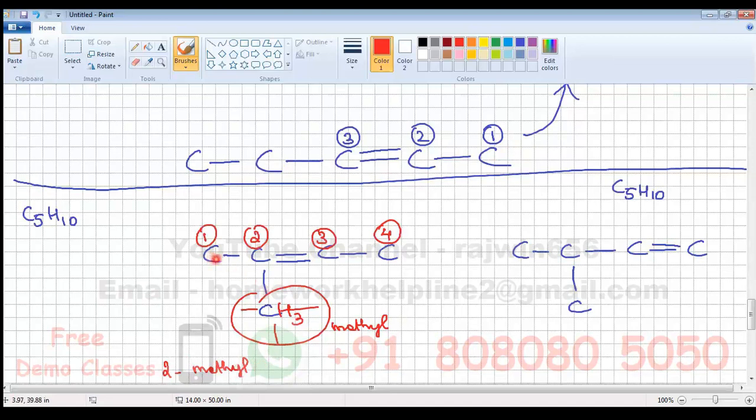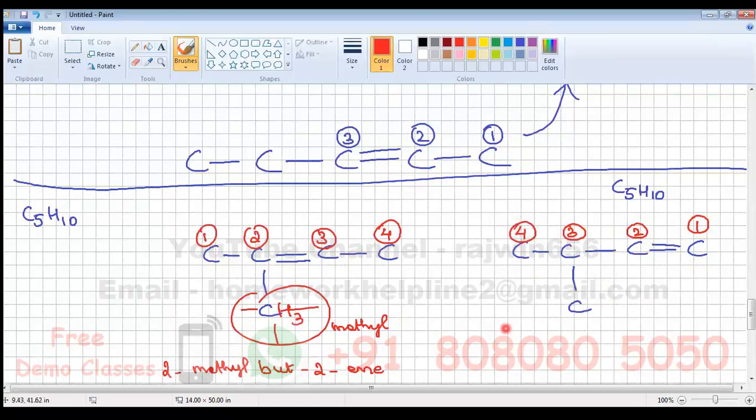The longest chain is of 4 carbon atoms only. So that will be but-2-ene. This one, if I am considering, I'll start counting from here because the double bond should be closest.